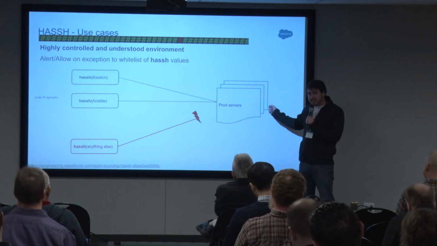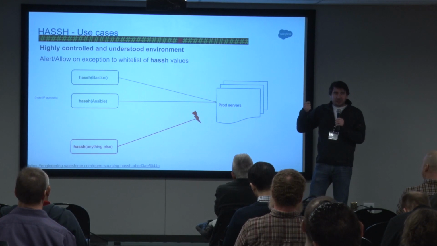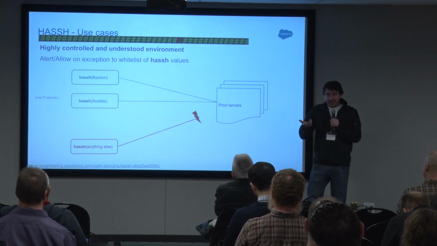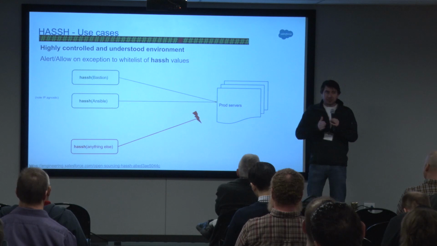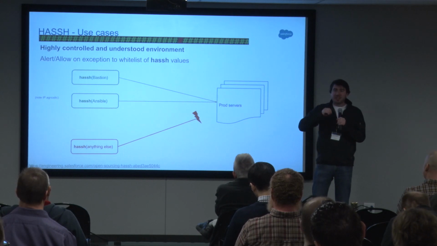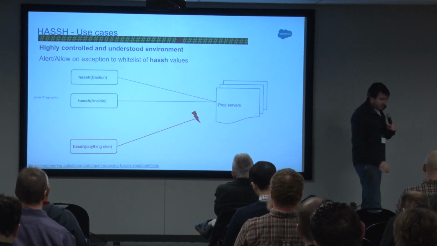Also, things connecting to your prod servers, like the Bastion servers, hopefully, in your production network are all the same version and operating system, so you know what to expect connecting to your prod servers. And if you see anything else, then maybe that's malicious.